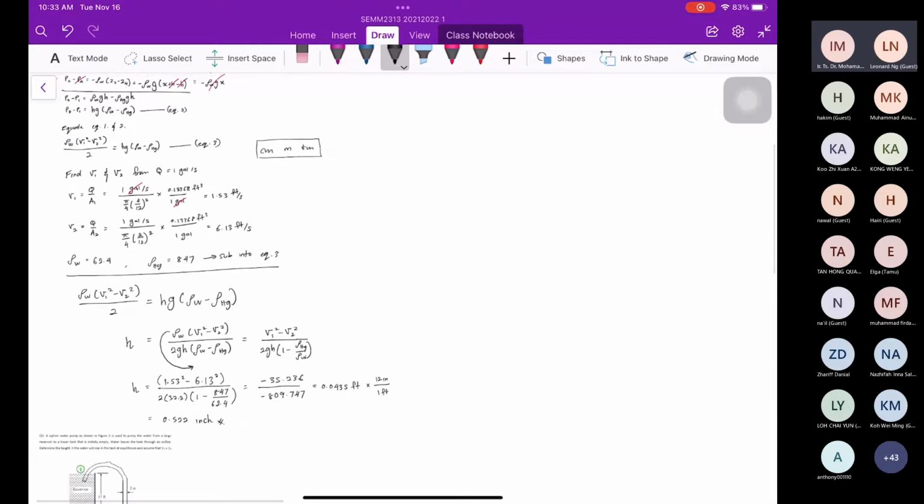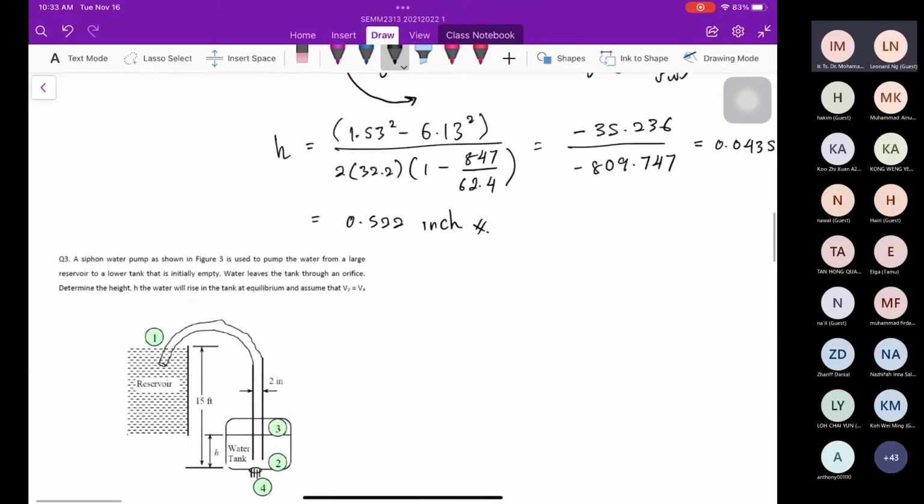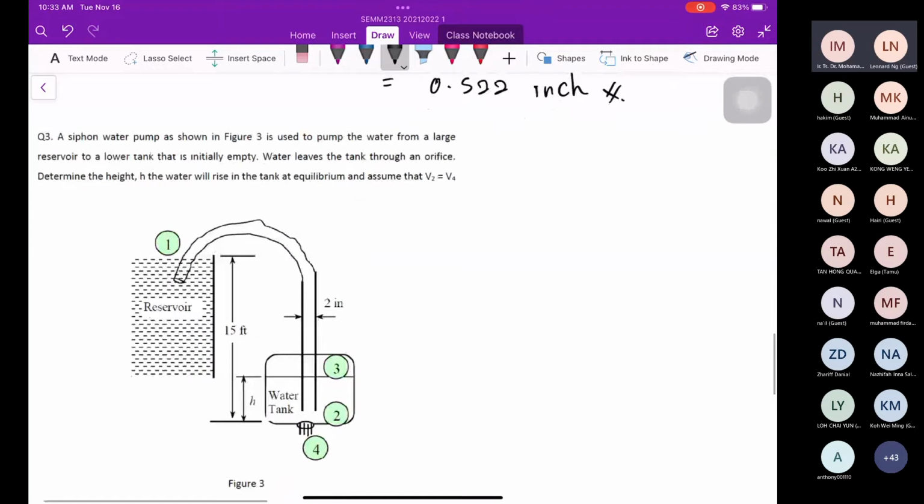Okay, now we proceed to question 3. A siphon water pump as shown in figure 3 is used to pump water from a large reservoir to the lower tank that is initially emptied. Water leaves the tank through an orifice. Determine the height h the water will rise in the tank at equilibrium, and assume V2 equals V4.